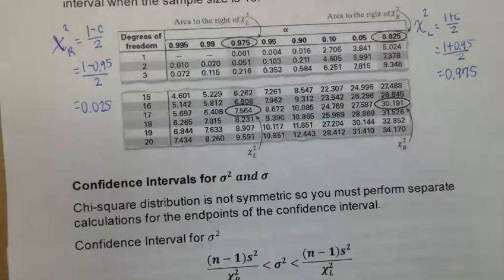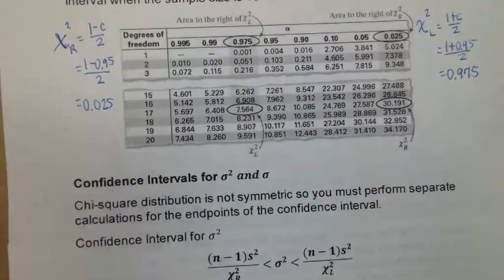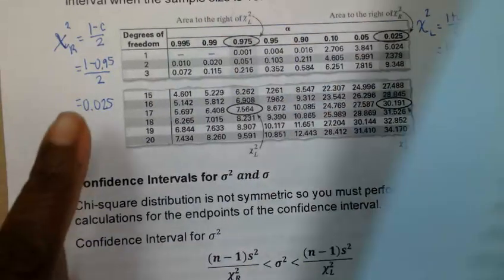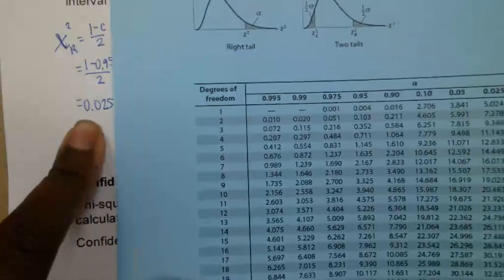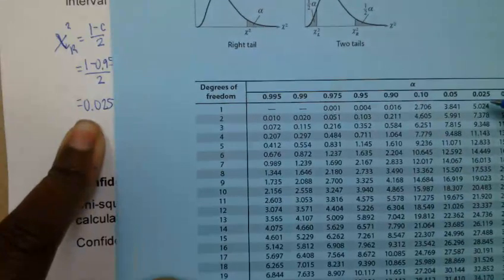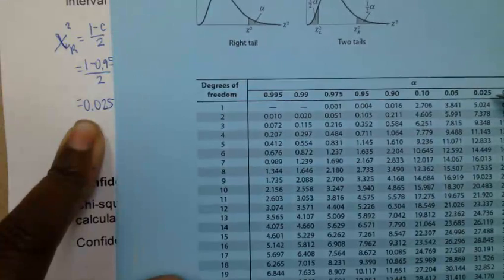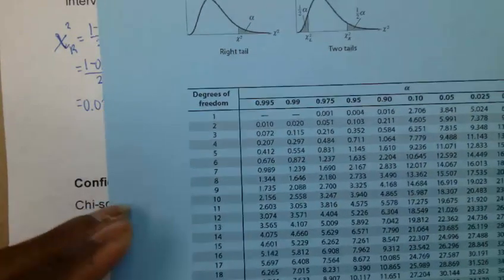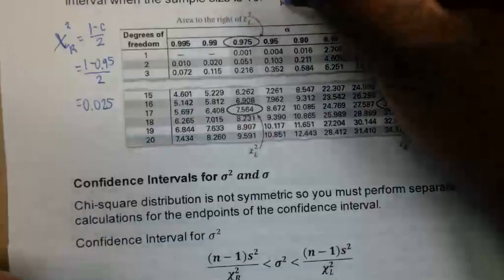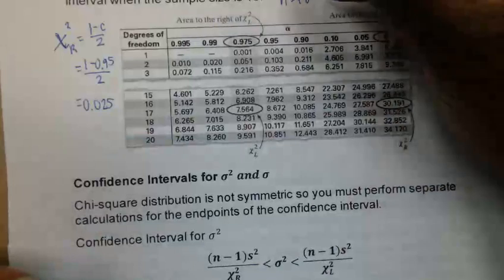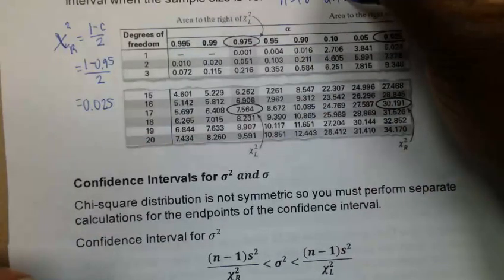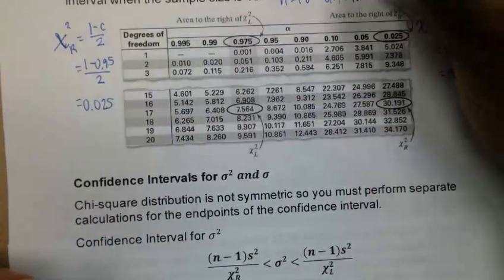So that's my alpha level of significance, which we get from our confidence level. So first, we have our 0.025, trying to get the same area. And then our n is equal to 18, which means df is equal to 17.